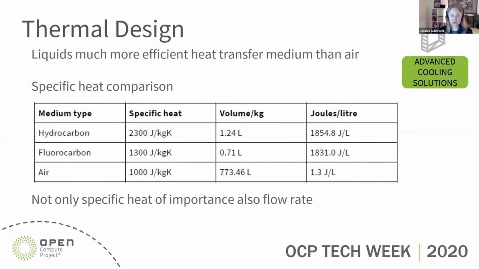So we can see hydrocarbon is slightly lighter than water, for example. Fluorocarbon is slightly heavier. But if we're looking at the energy that can be taken up by these liquids, in joules per liter in the last column, we see that hydrocarbons and fluorocarbons are pretty similar, just looking at joules per liter for specific heat comparison.